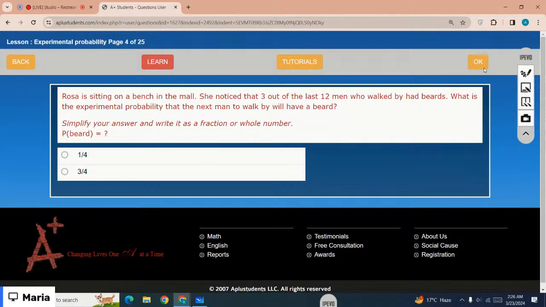Rosa is sitting on a bench in the mall. She noticed that 3 out of the last 12 men who walked by had beards. What is the experimental probability that the next man to walk by will have a beard? So, which is the correct option?